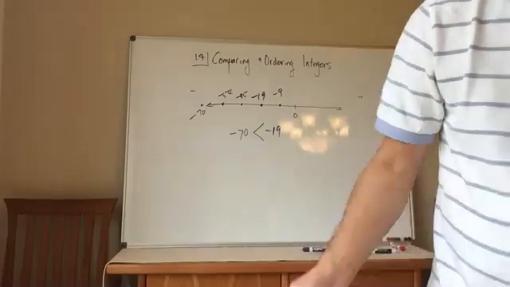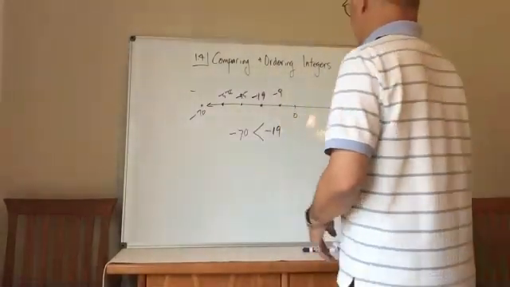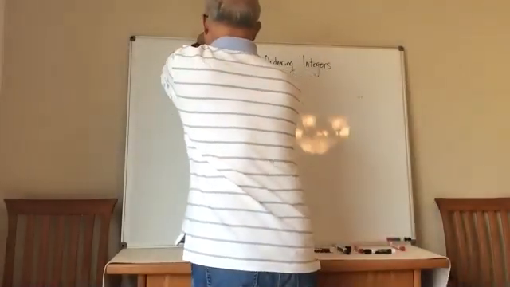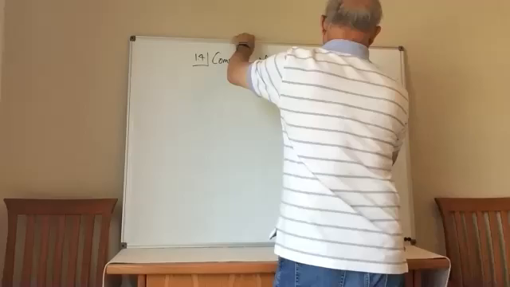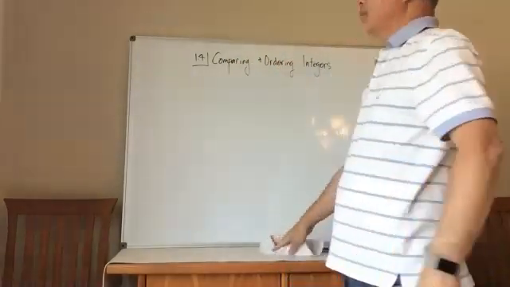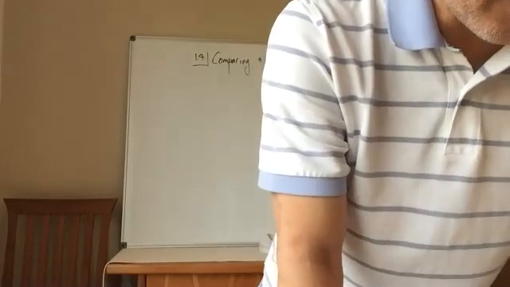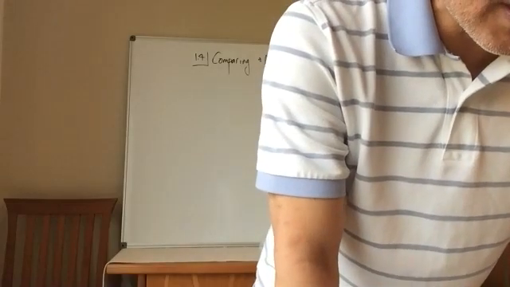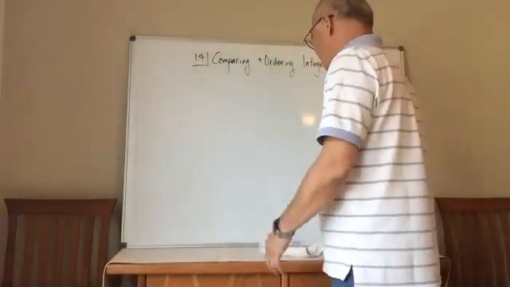On the top of page 23, we have a new thing called absolute value. If you read the definition, it says the absolute value of a number is its distance from 0 on the number line. It's a distance from 0 on the number line.